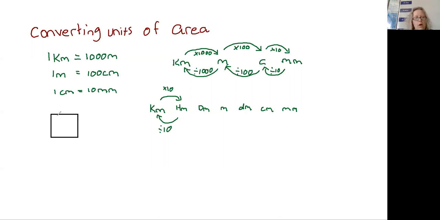All right, this square is 1 metre by 1 metre. And that's a square, even though it doesn't really look like one.